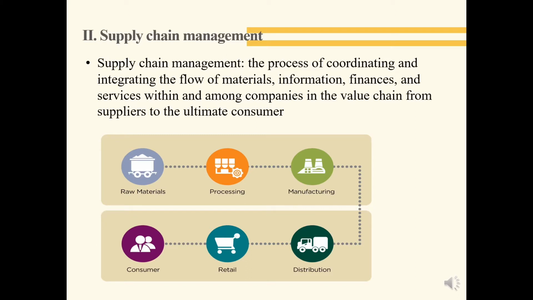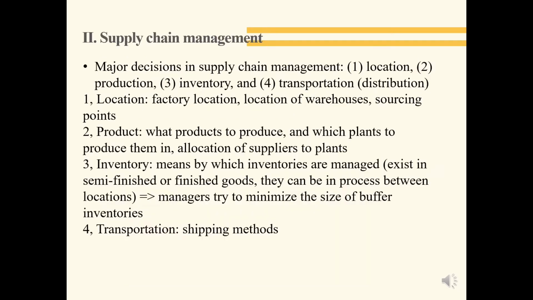And so when we refer to supply chain management, we don't care which firm performs one of those activities. It is still supply chain management. We will have some major decisions in supply chain management. They are location, production, inventory, and transportation or distribution.